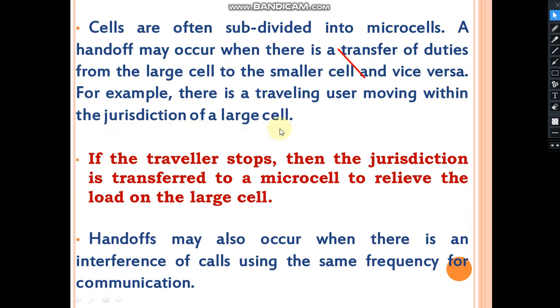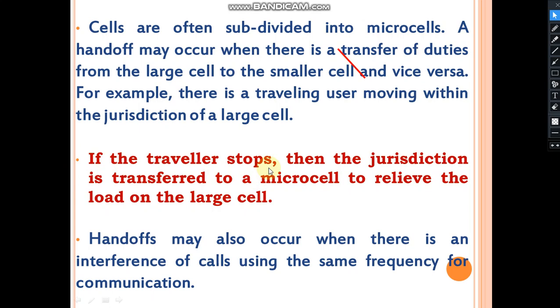If you want to split the large cell, a micro cell is dedicated to cover that small area. I already gave the example of the Phoenix Mall, or Orbit, where they created a micro cell to cover the basement of the building.